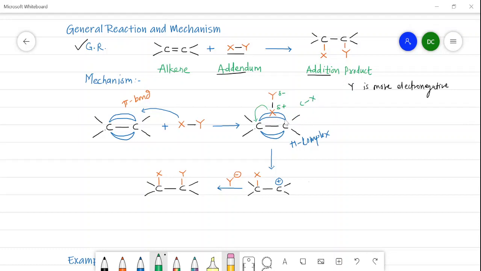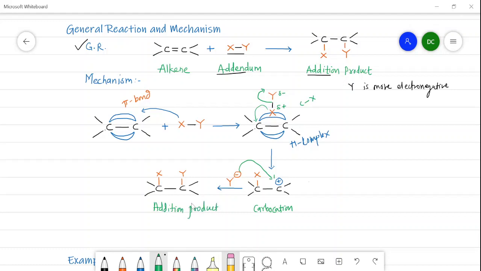So the electrons from this carbon are shifted to form the bond, and it is positively charged. Here we get a carbocation. Now, in the next step, the Y minus, which is removed in the formation of this carbon X bond, will attack on the carbocation to form an addition product. This is the simple mechanism.